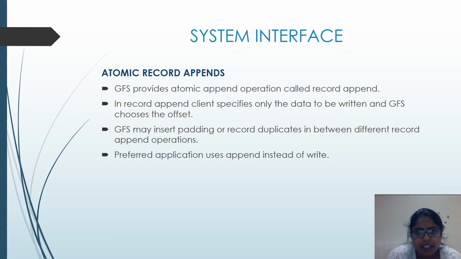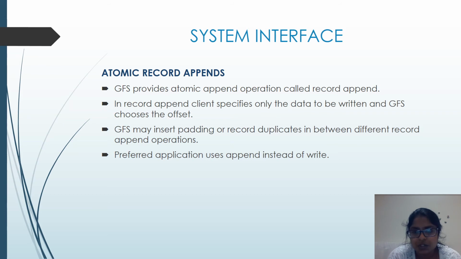GFS may insert padding or record duplicates in between different record append operations. Let's see why. Actually, the record append operation is a kind of data mutation and it follows the control flow with only a little extra logic near the primary.